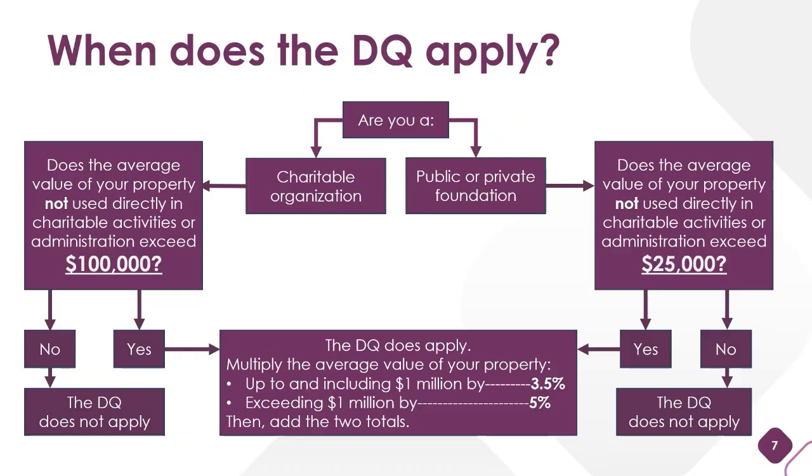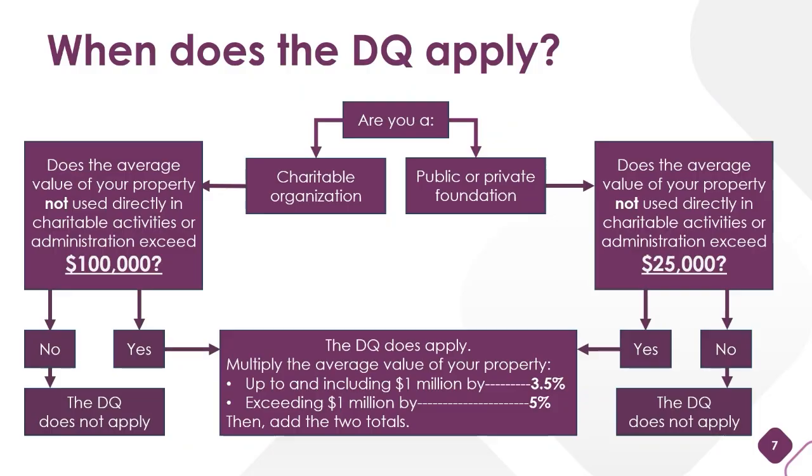This could include real estate, investments, cash and bank accounts, inventory, stocks, bonds, mutual funds, GICs, land, and buildings. Note that this is calculated during the 24 months before the beginning of the fiscal year. If it's below that amount, the DQ does not apply. If it's above that amount, the DQ does apply.